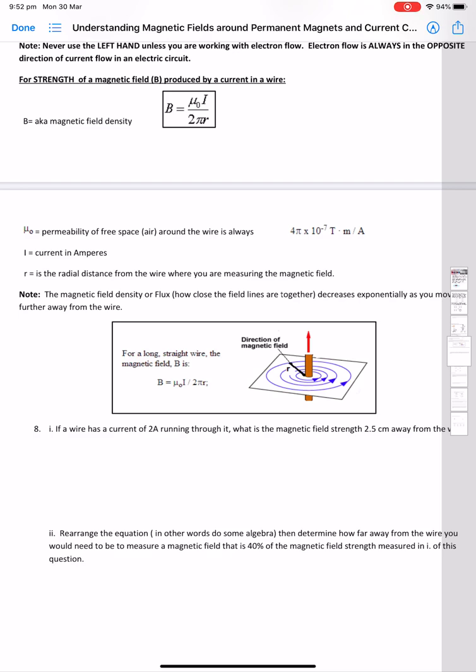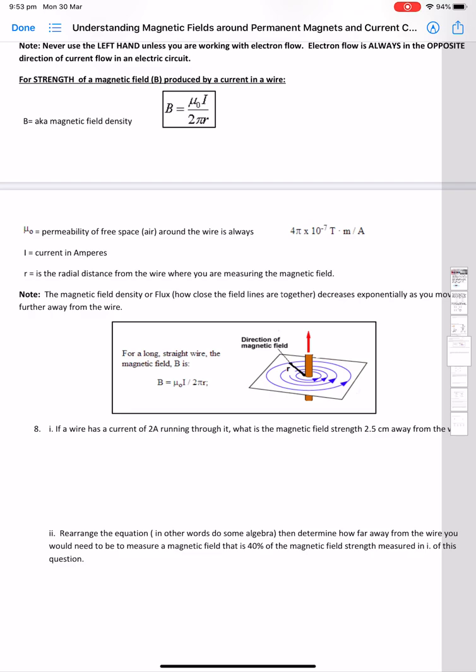So you can only use this constant if you're going through outer space or air, and you can't use it for anything else. Also notice that in the data booklet, you don't have to calculate the 4 pi times 10 to the negative 7. You can use 1.26 times 10 to the negative 6 as your value that you sub into the equation.